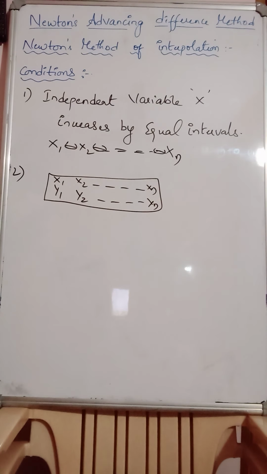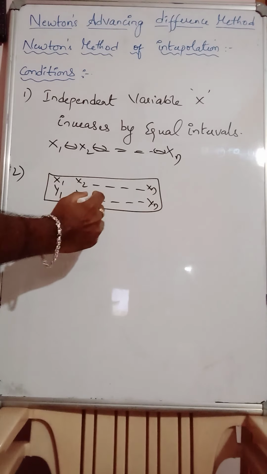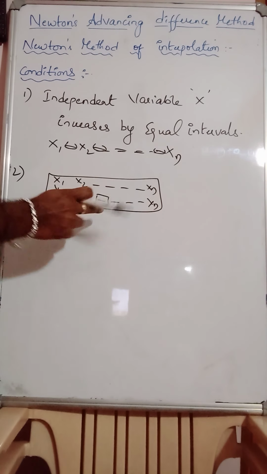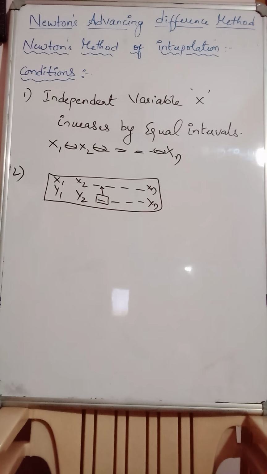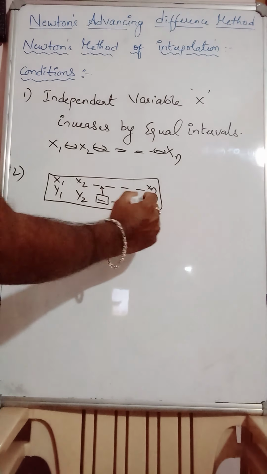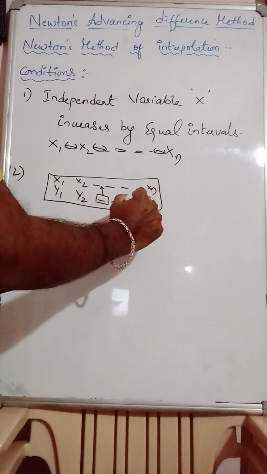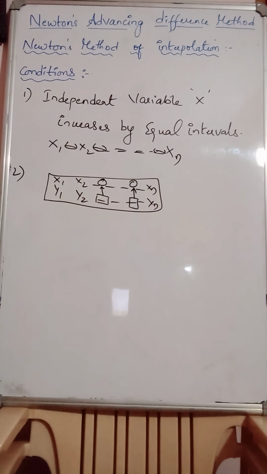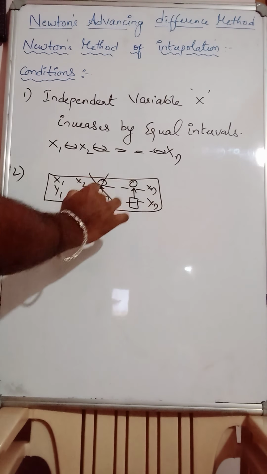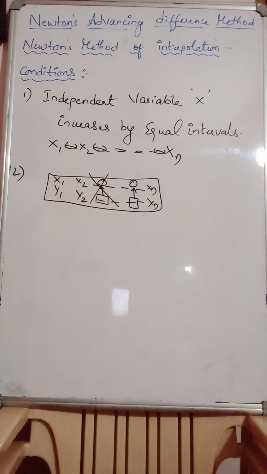See, in the binomial expansion method, the value which is to be interpolated must be one of the values of x. Even here also the missing value must be one of the values of x, right? But in Newton's method, this is not applicable.